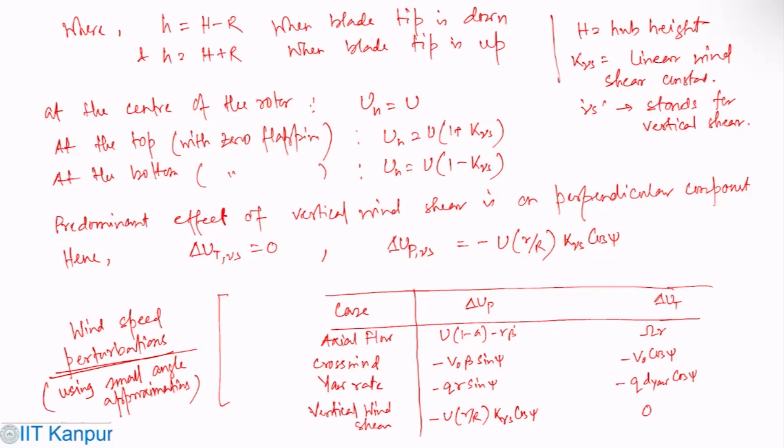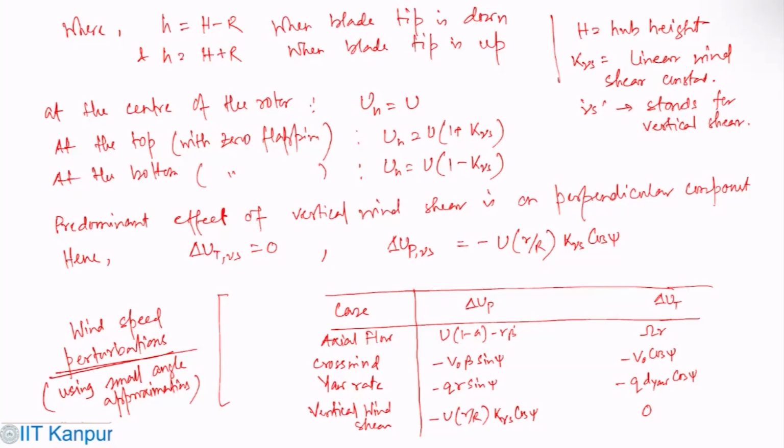So what it shows is that the vertical wind shear is a cosine perturbation. Crosswind is primarily a cosine perturbation to the tangential component. The perpendicular component is a sine perturbation.